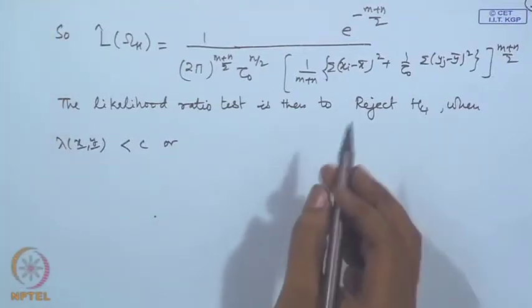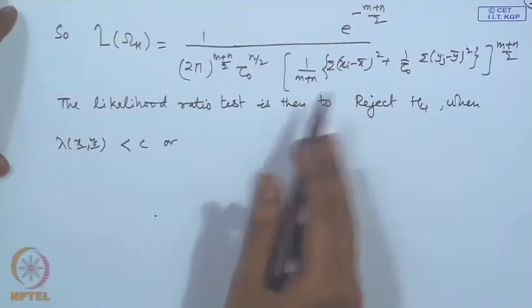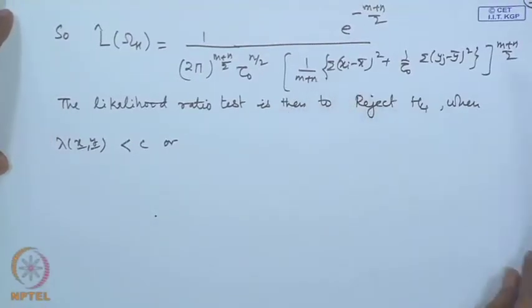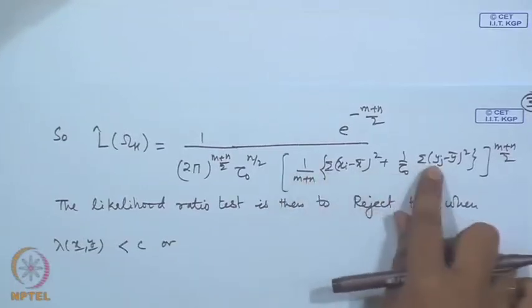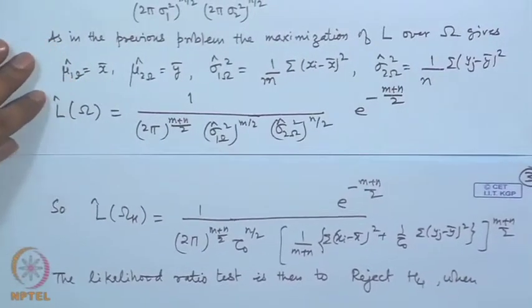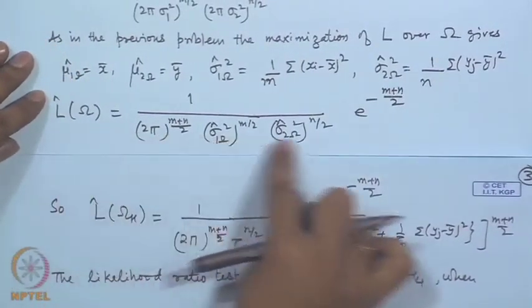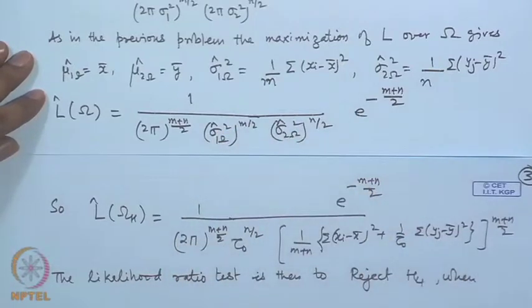We have already derived the expressions. So, I will just substitute here L hat omega H, I will get this in the denominator and then divided by L hat omega. So, this will go in the numerator.